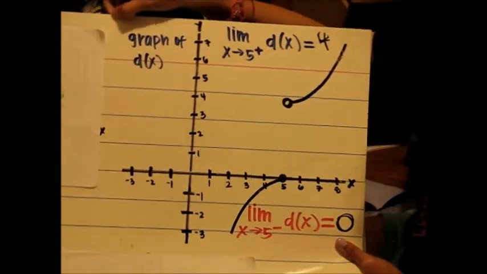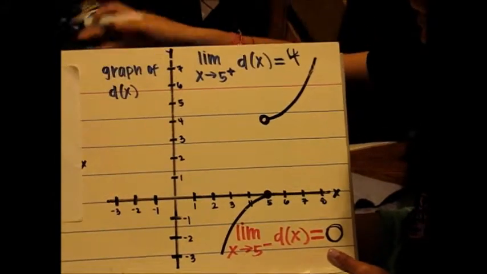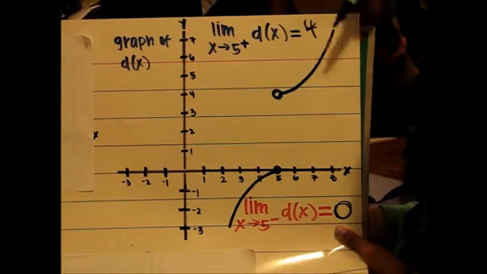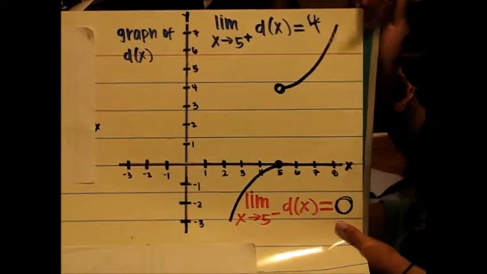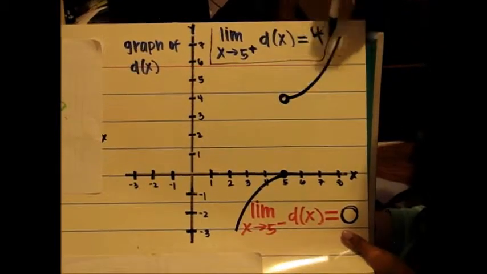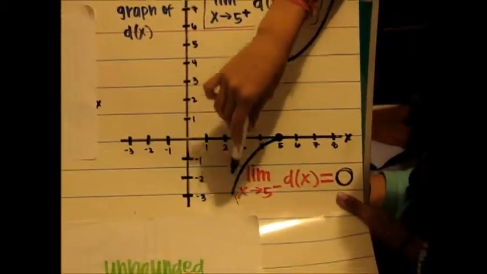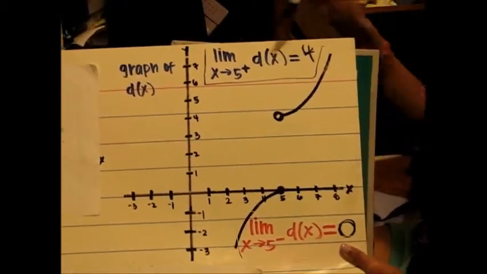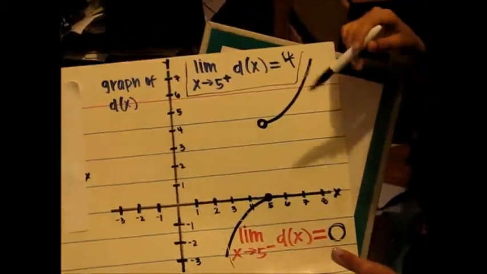So the limit of d of x when x approaches 5 does not exist. However, if they are only asking you for a one-sided limit, which is either just this alone or this alone, then the limit does exist, depending on which side they ask you for.